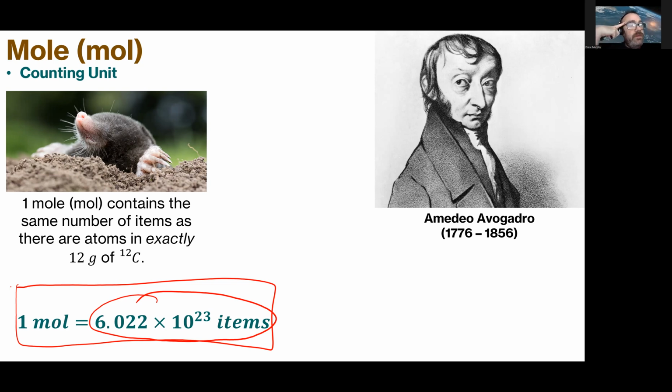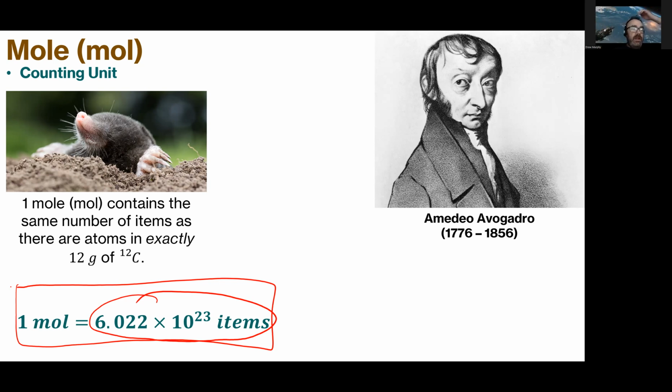So this works the same way as a dozen does. If you have a mole of helium, that's 6.022 times 10 to the 23rd helium atoms. If you have a mole of water, that's 6.022 times 10 to the 23rd water molecules. If you have a mole of dogs, that's 6.022 times 10 to the 23rd dogs.